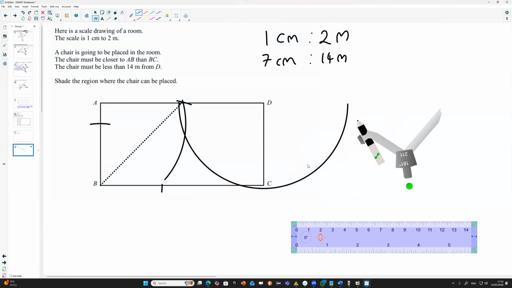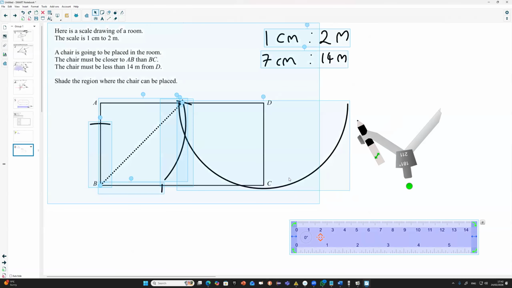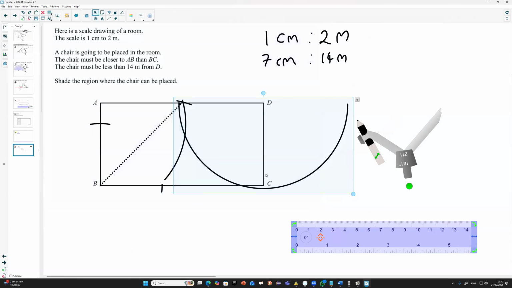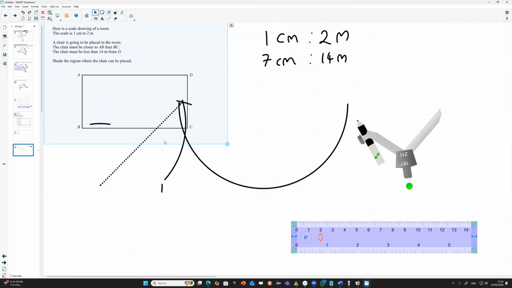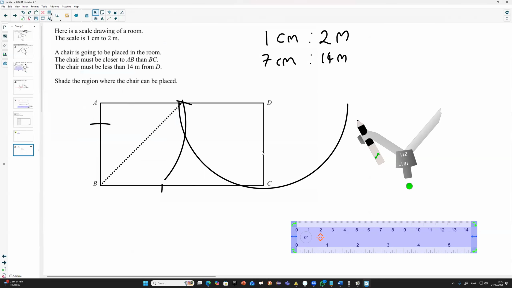Not smaller, bigger. Can't think if it's bigger or smaller.